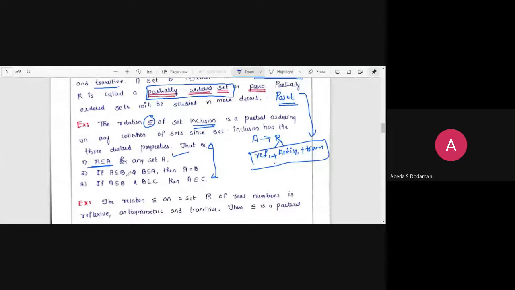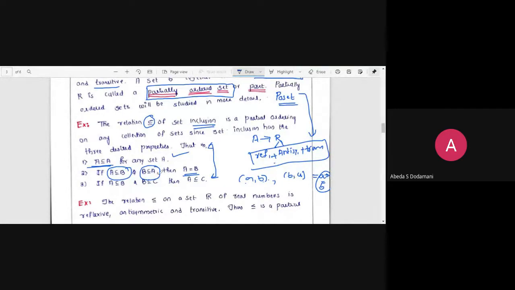Anti-symmetric means that if A is a subset or equal to B and B is also a subset or equal to A, then A must be equal to B. That means if A is related to B and B is related to A, this happens only when A is equal to B. So it looks like symmetry, but the condition here is that A and B are equal.